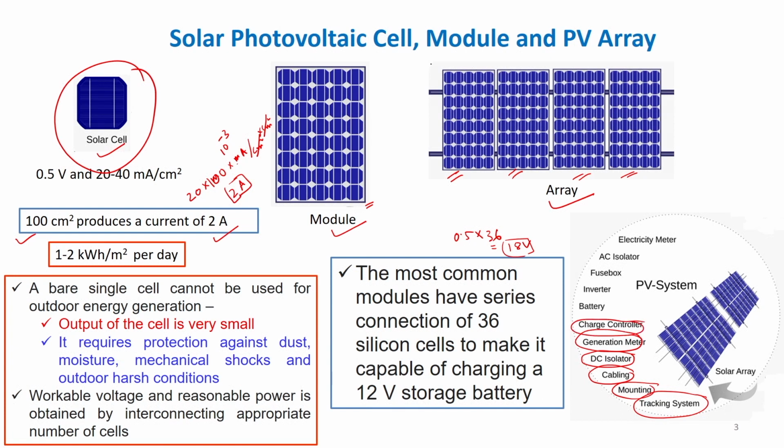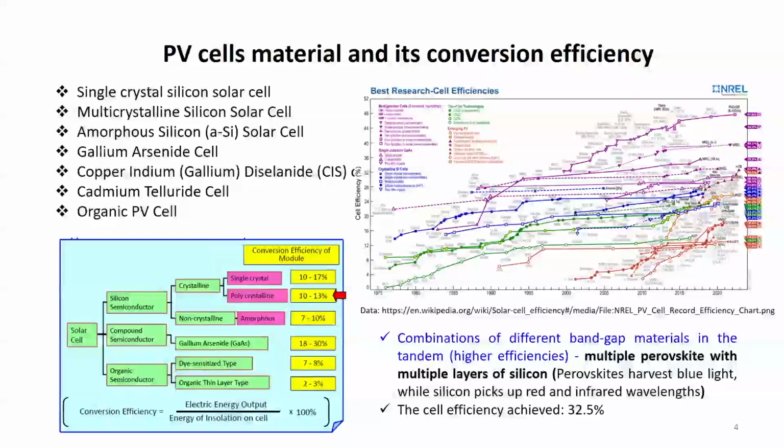If the system has batteries, then we need a charge controller, because this is primarily used to protect the life of a battery. Then an inverter, which converts DC power to AC power, then a fuse box, then an AC isolator, then an electricity meter. These are the primary components required for a PV system.